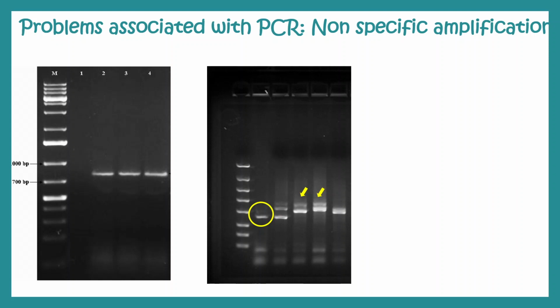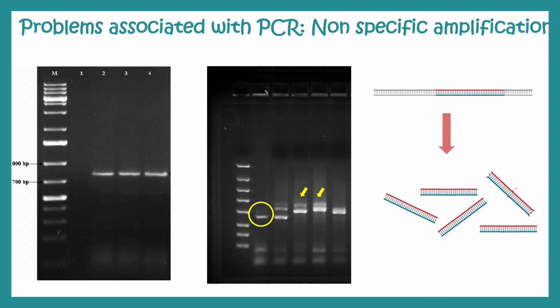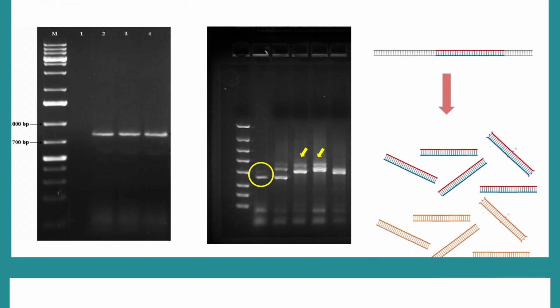You see multiple spurious bands. This might be due to non-specific amplification. That means with your specific product, there are non-specific products as well. So this is one of the disadvantages of PCR reaction, that it can also give non-specific amplification, but just tweaking the parameters, changing the primers can give you specific amplifications.